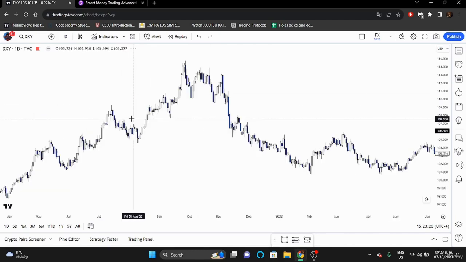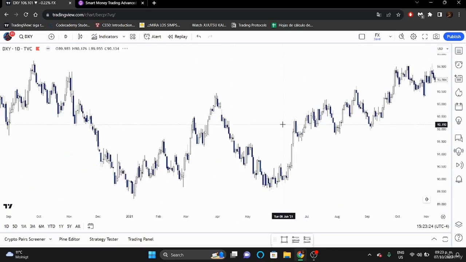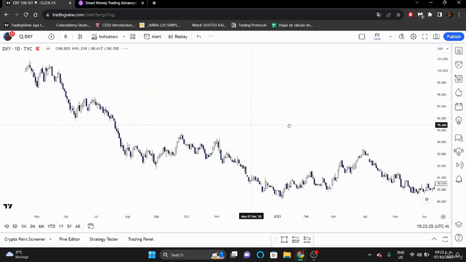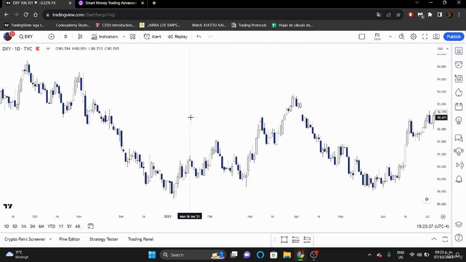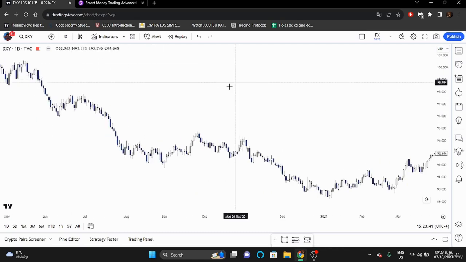And last example, just so you grasp it. Right here, it comes for this swing low, and then accumulates and goes higher. But in this example, it never comes to the rejection block.